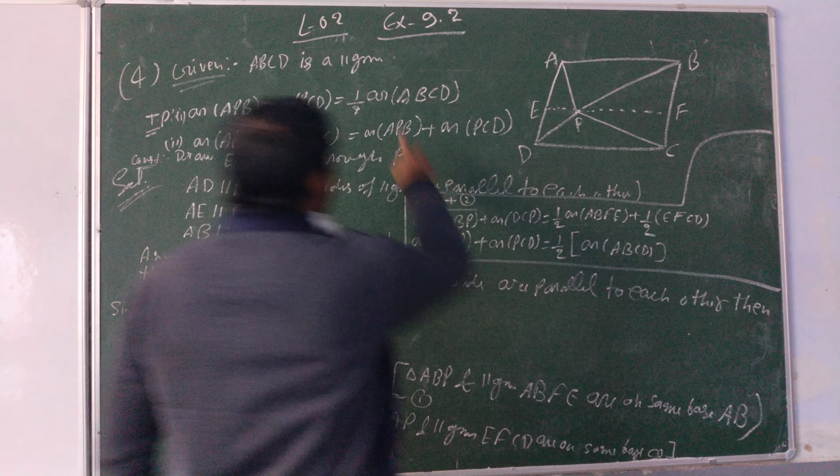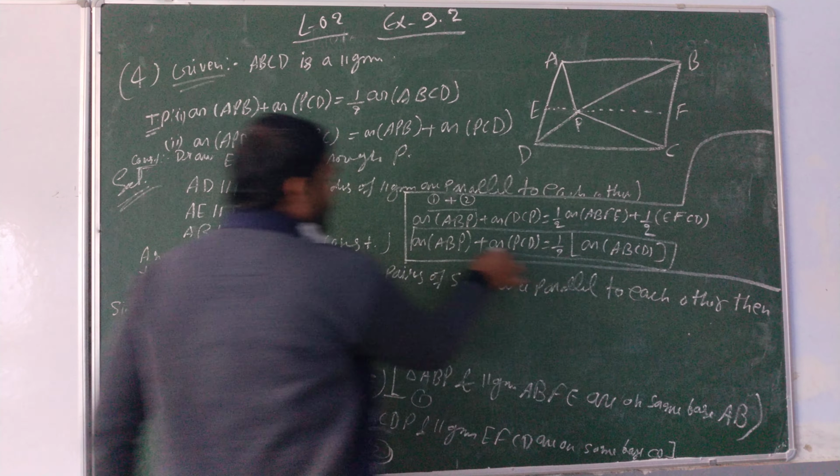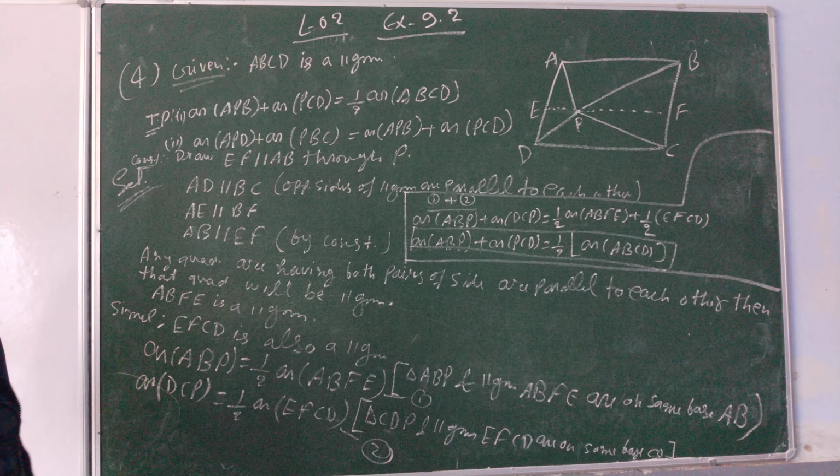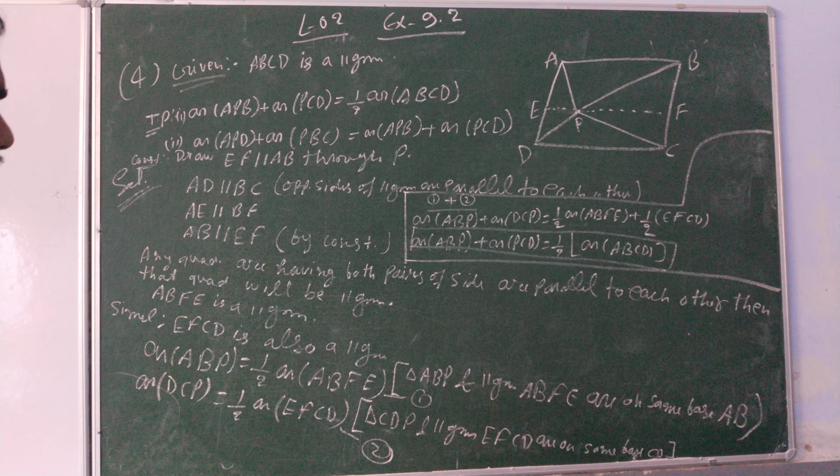This is the condition which you have to prove. Complete. Note it down fast. Now we are going to prove the second condition. Pause the video and note it down.